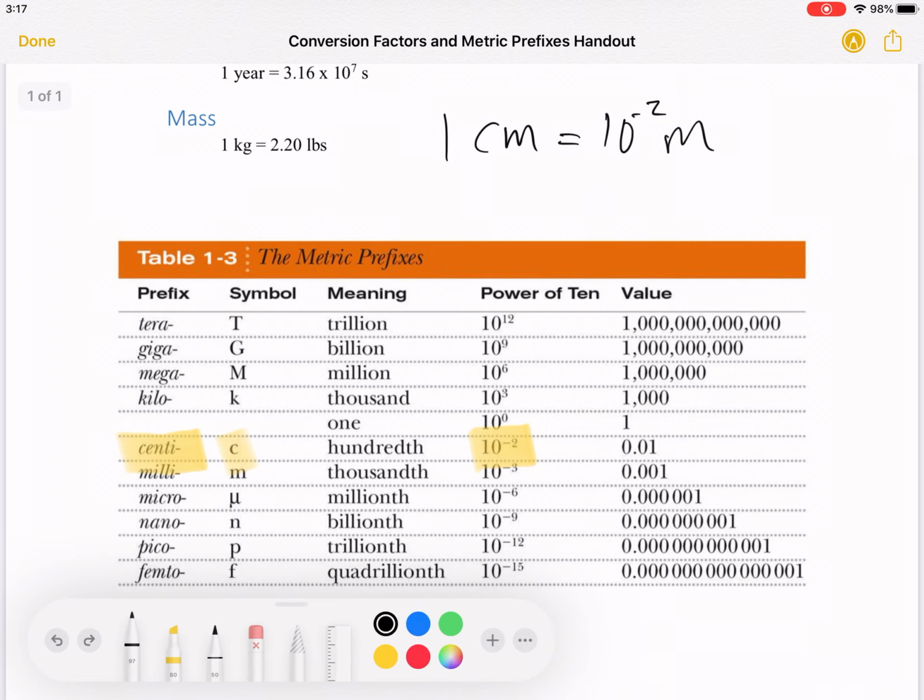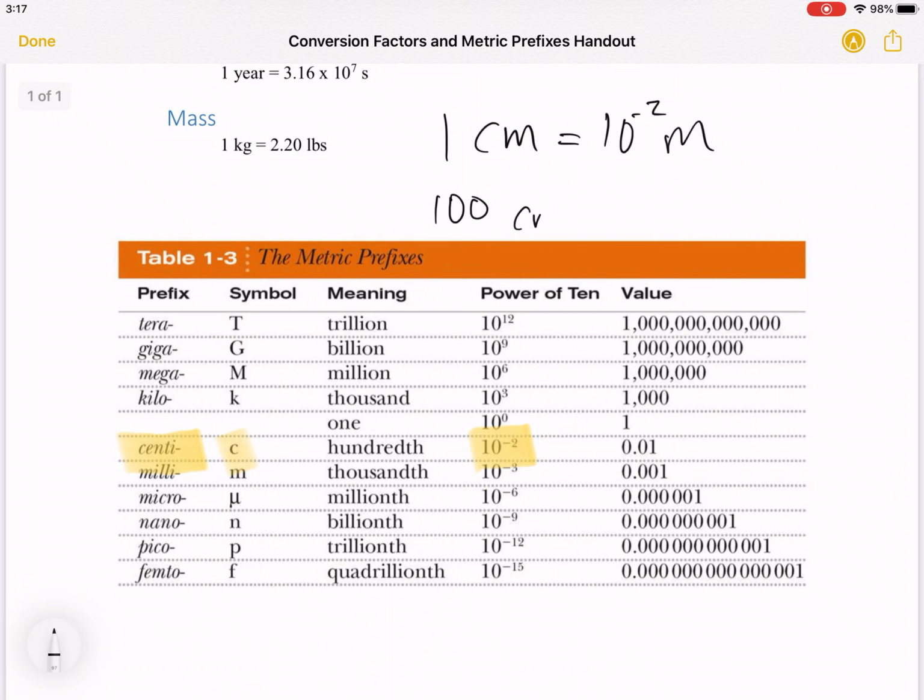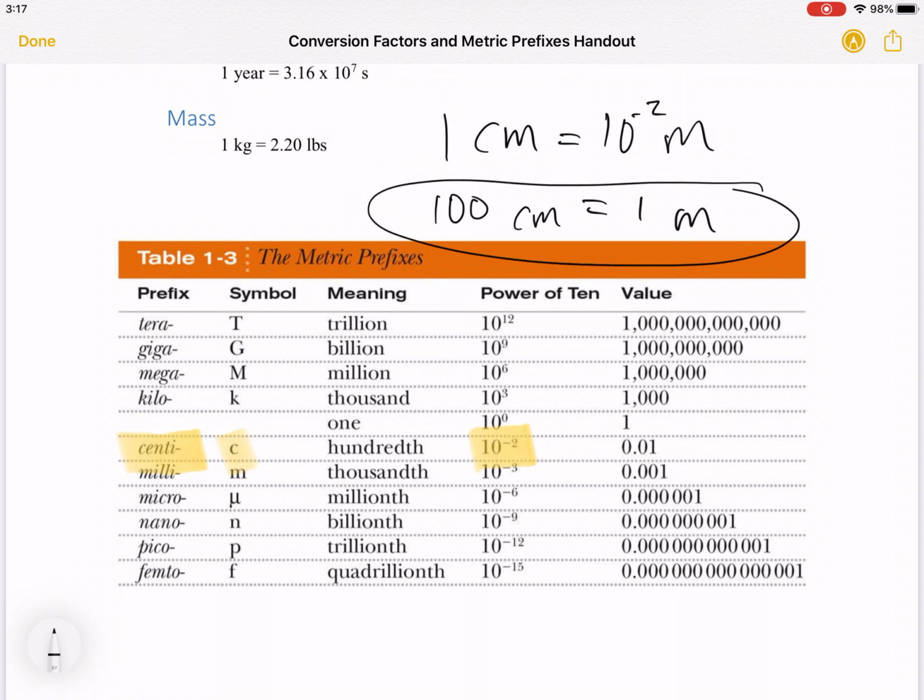But the other thing I could do, because this is an awkward conversion factor, is I know there are 100 centimeters in a meter, right? Centi, as in like century, that means 100. So I could also write 100 centimeters is 1 meter. Those two equalities are both true, and either one of these will work for me. I tend to use this one because it seems a little less awkward.